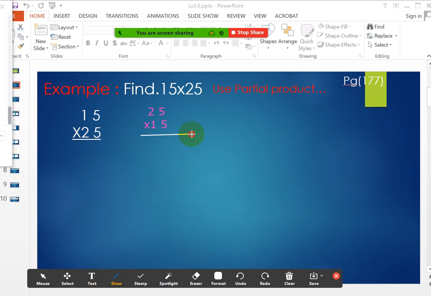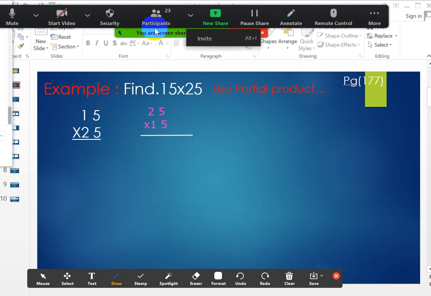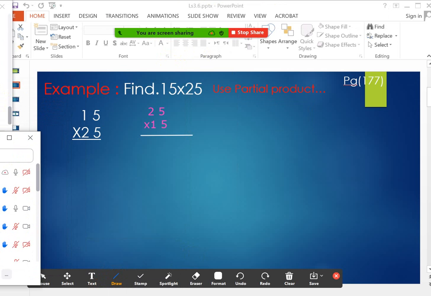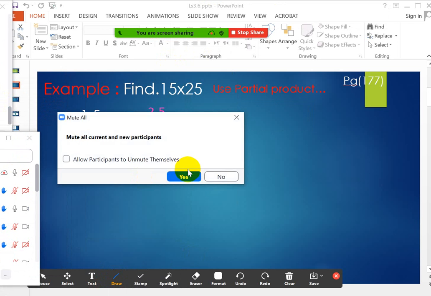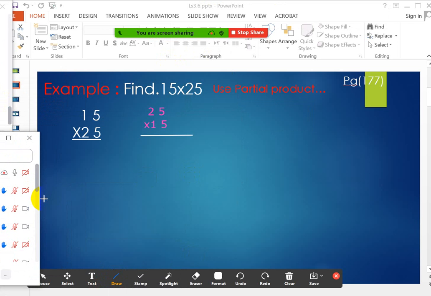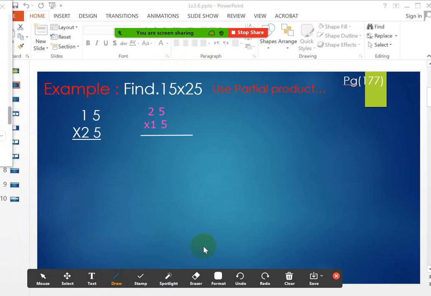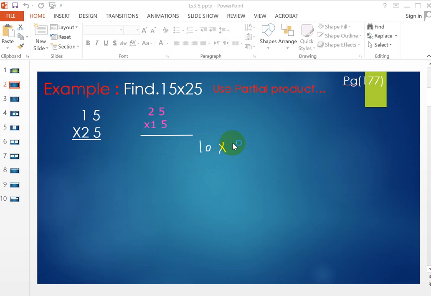Now I will multiply it with, okay. Okay, girls. Now I will multiply first thing 1 with 2, as we learned. The 1 equals 10 in the 10th digit and the 2 in the 10th digit.